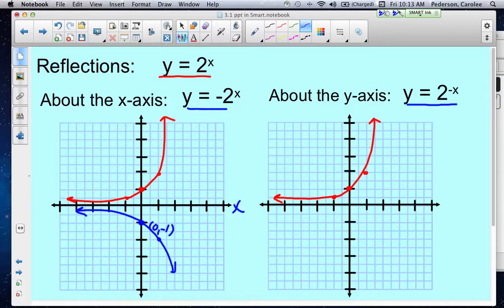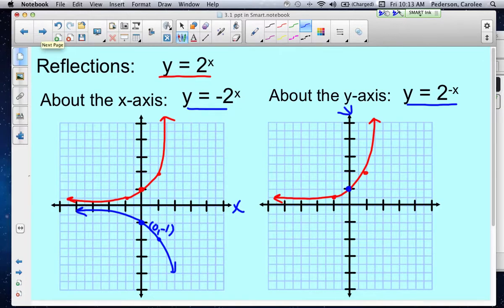Now let's go about the y-axis. So imagine our vertical axis, and we fold a piece of paper along the vertical axis, the y-axis. So now what's going to happen to my critical point? Where's that going to move to? Nowhere. It has the same critical point. Now think about the order pair 1, 2.